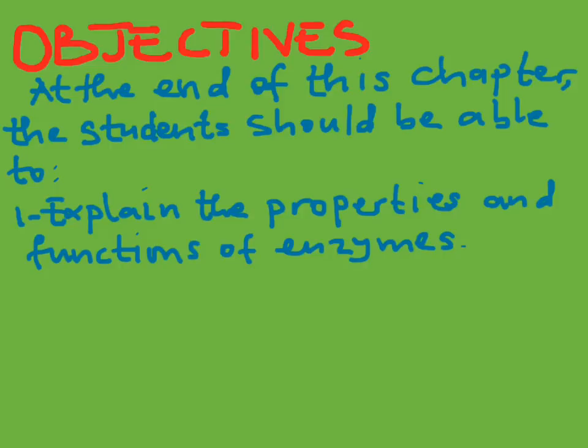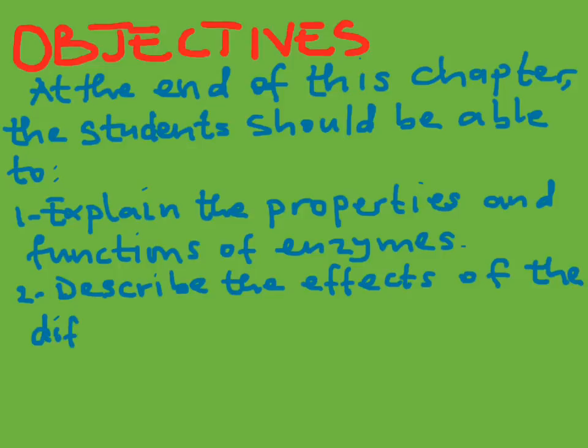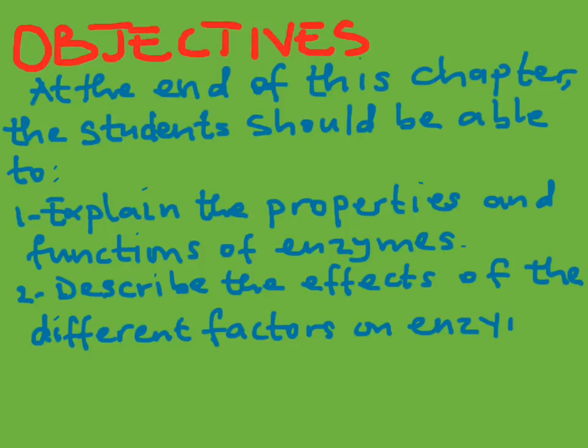Therefore, at the end, the student should be able to explain the properties of enzymes as well as the functions of the enzymes. The second objective will be to describe the effects of the different factors on enzyme catalyzed reactions.